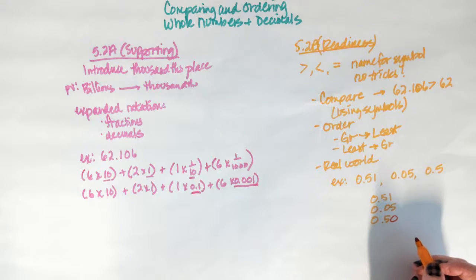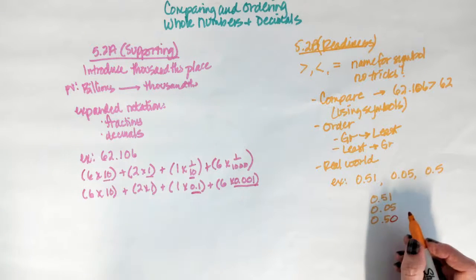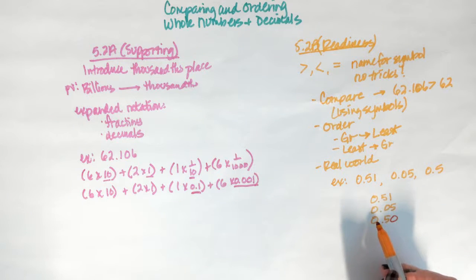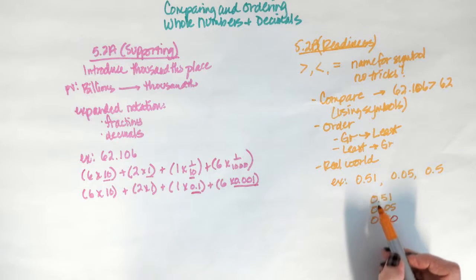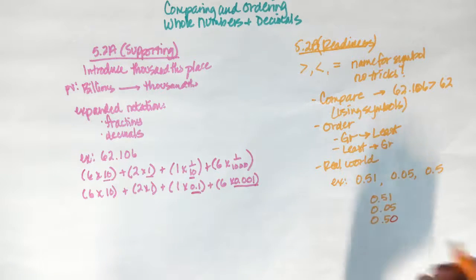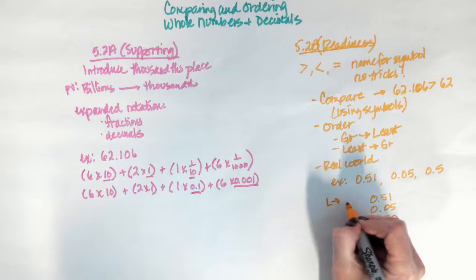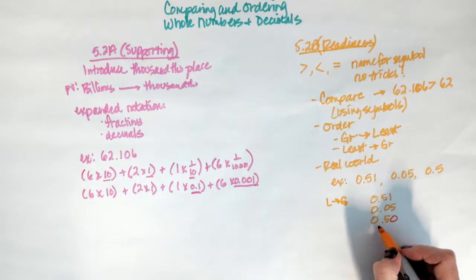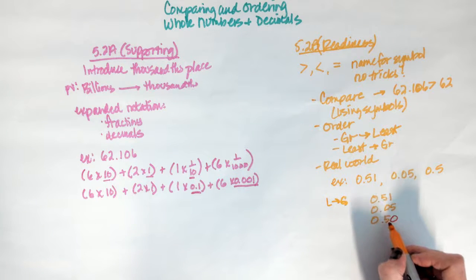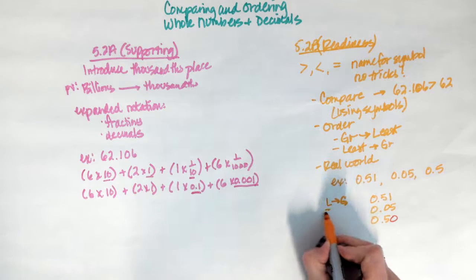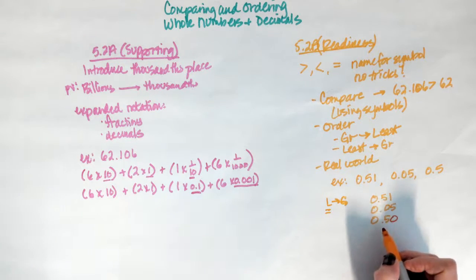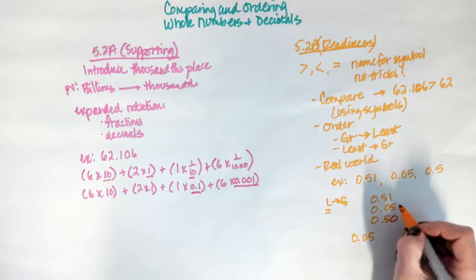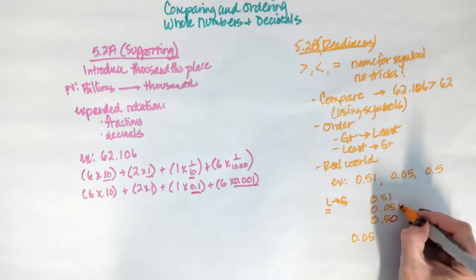So then in our process, the next thing we would want to do is compare by place value, starting with the largest place value. These are all zeros, so they're not helping me out. Let's also say over here, we're going to put them in order from least to greatest. These are all zeros, so that doesn't help. Here I have a 5, a 0, and a 5. If I'm going from least to greatest, I need the least one of those. So least would be 5/100ths, so I've used that one.